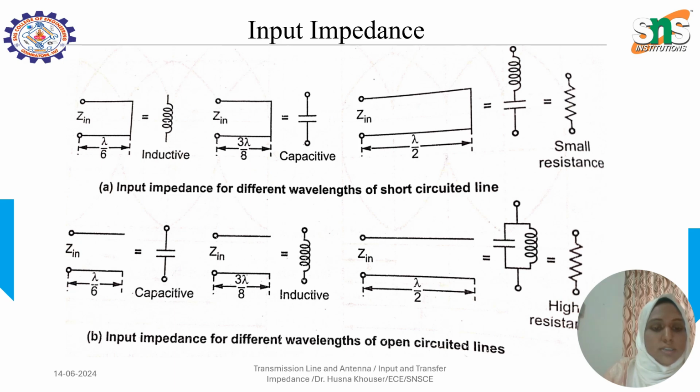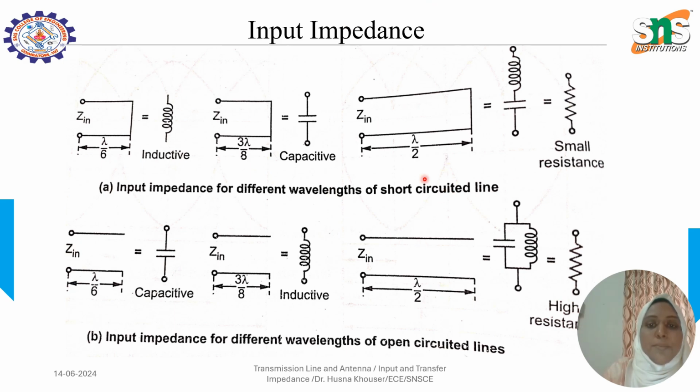So this is the input impedance for the open circuit and short circuit lumped components. So this we can say as we have designed with respect to lumped components like inductance and capacitance. So here we can see if the line is closed, that is short circuited, we call this inductive, and by varying the length of the line we can see it is either inductance or capacitance.